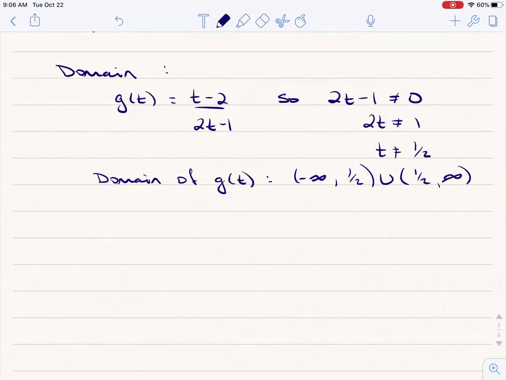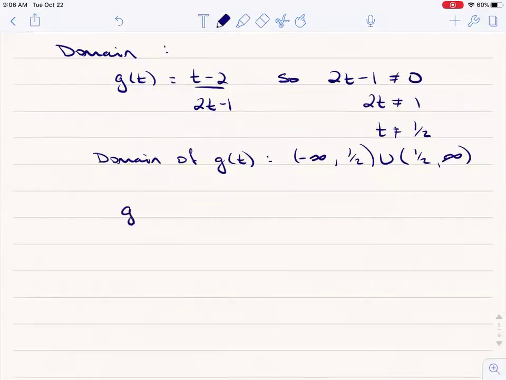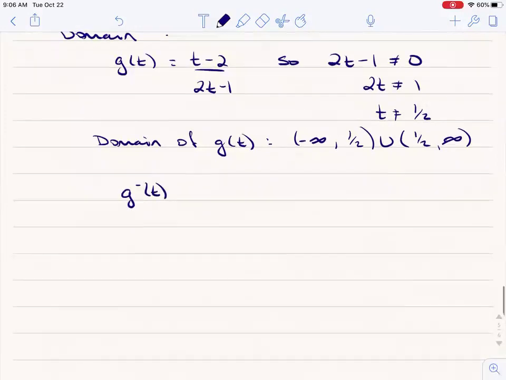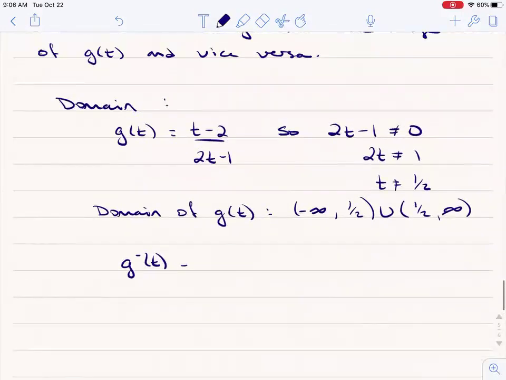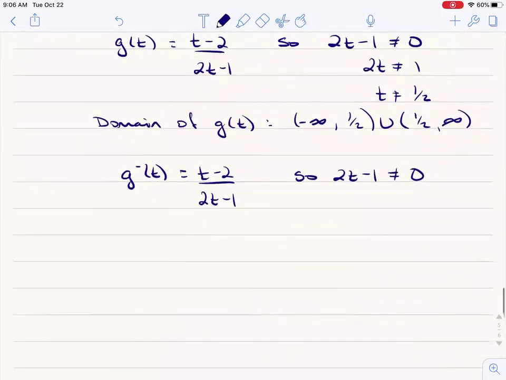Okay. Let's look at the domain of the inverse of g of t. The inverse of g of t was also t minus 2 over 2t minus 1. So again, 2t minus 1 cannot equal 0.